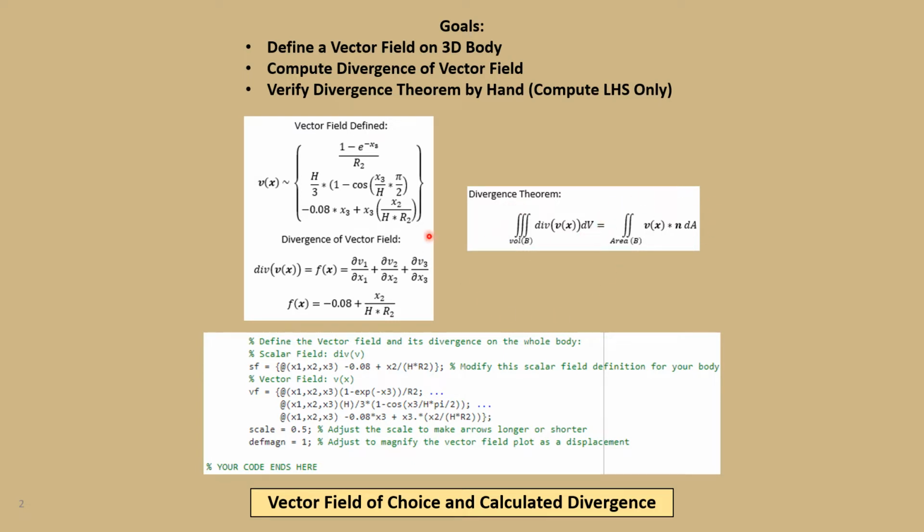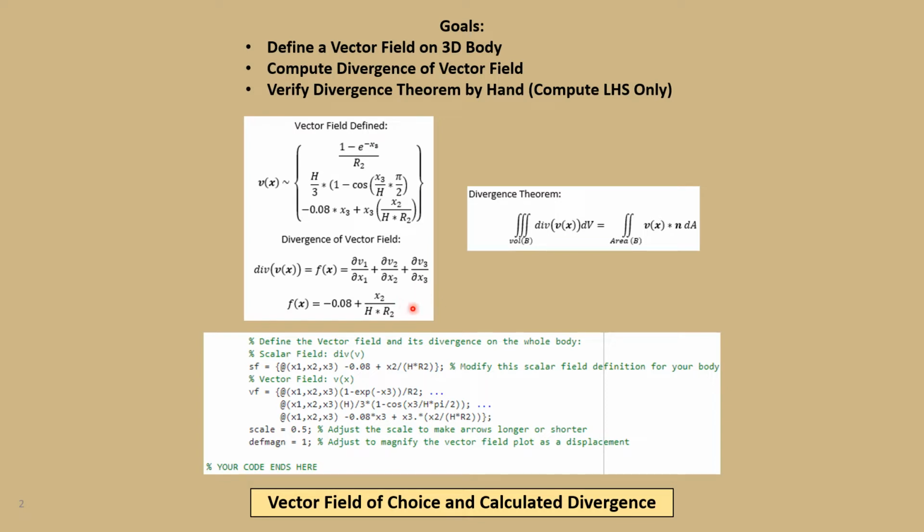As you can see in the middle image here, I have defined my vector field of my choosing as it's relatively complicated, but taking the divergence of that vector field, as you can see, is equal to the partial derivative of v1 with respect to x1 plus the partial derivative of v2 with respect to x2 plus the partial derivative of v3 with respect to x3.